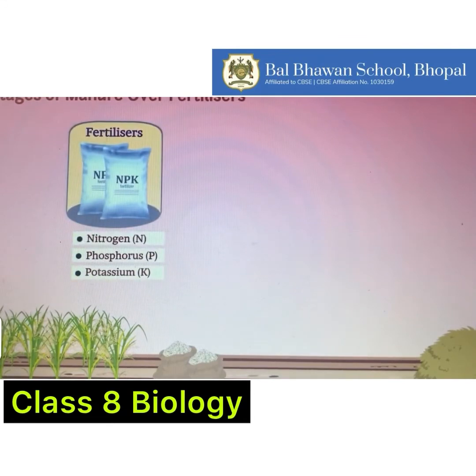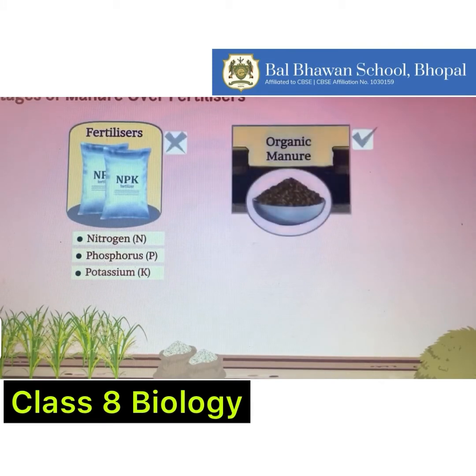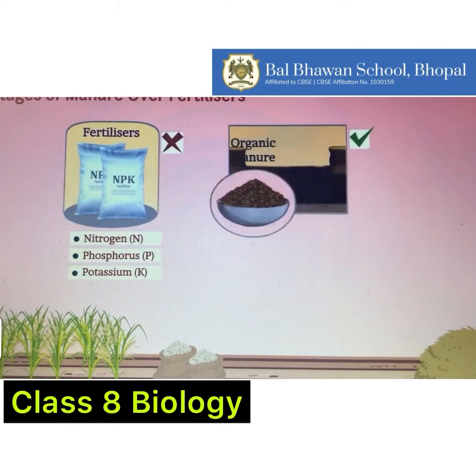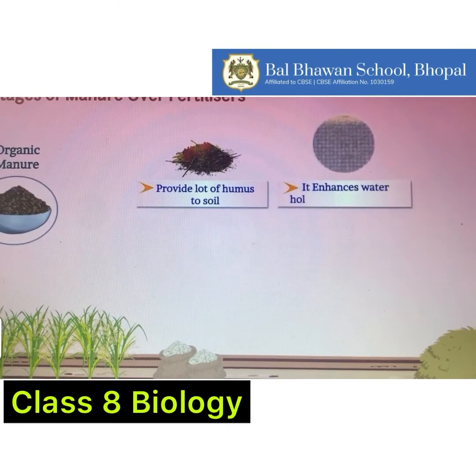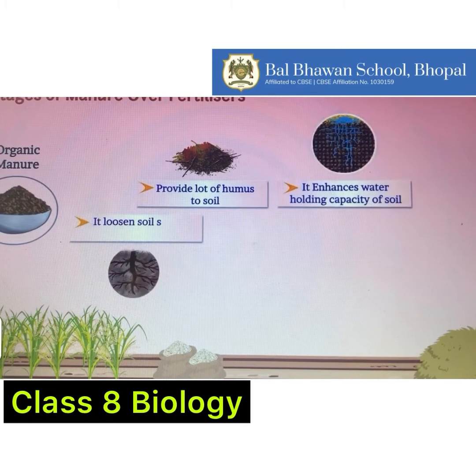So now comes the advantages of manures over fertilizers. Even though fertilizers are more nutrient rich in nitrogen, phosphorus and potassium, we should always encourage the use of organic manures. They enhance the soil capacity and provide a lot of humus to the soil. It enhances the water holding capacity of soil.